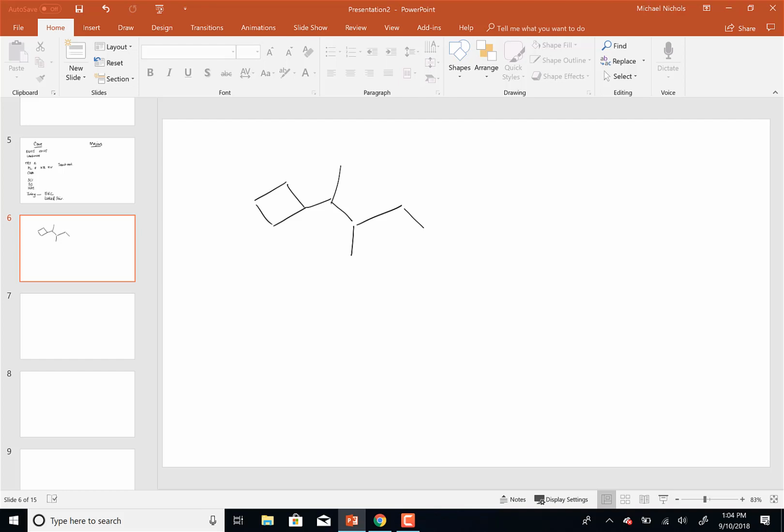I think this is the longest chain, and I cannot involve anything from the ring. This is a cyclobutane; when it becomes an alkyl group, it becomes a cyclobutyl group. And here I have my CH3 group, which is my methyl group.